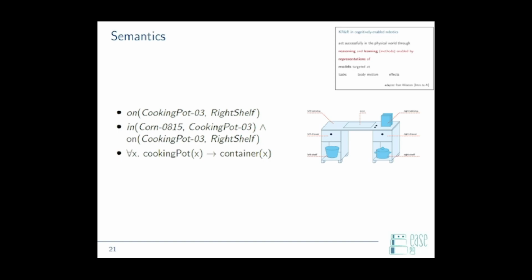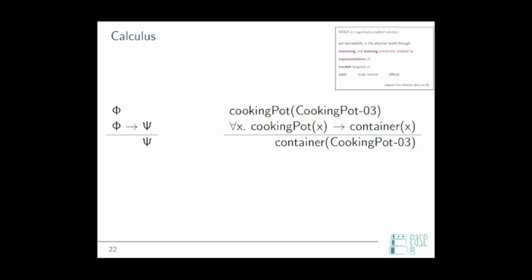The calculus is essentially a way of manipulating symbolic expressions. So if in our current symbolic knowledge base we have the expression cooking pot 3, and we have the expression that each cooking pot is a container, we can add to the knowledge base a new symbolic expression, namely that cooking pot 3 is also a container.